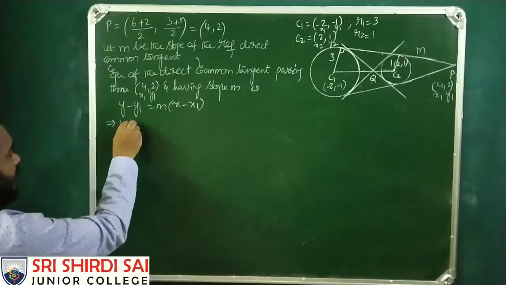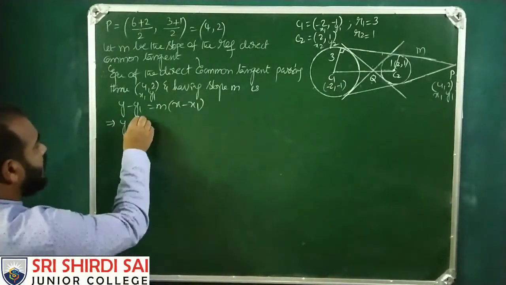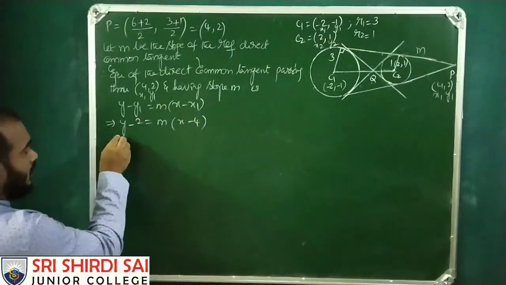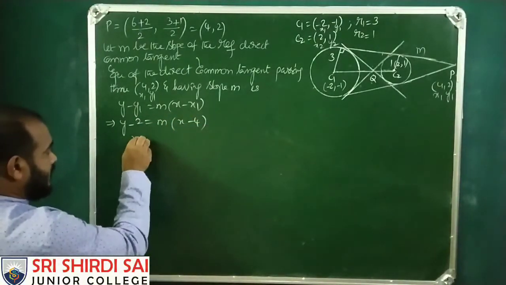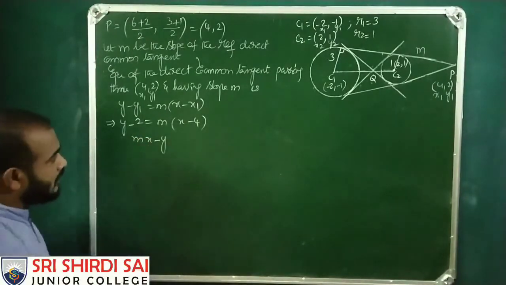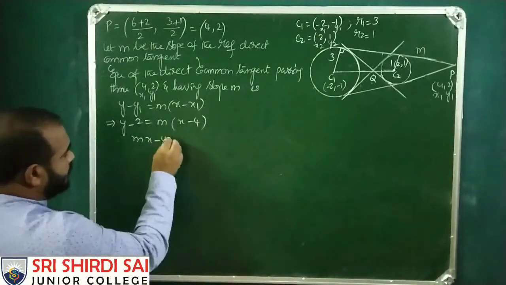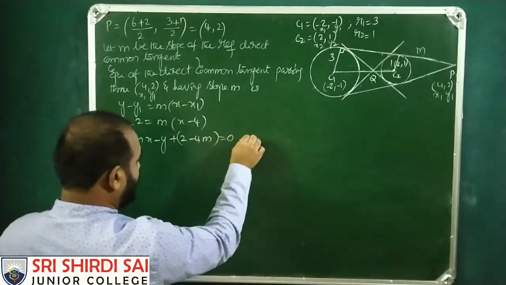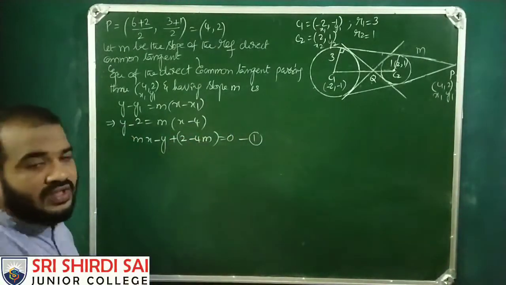So y minus 2 is M into x minus 4. Therefore Mx minus y minus 4M plus 2, so 2 minus 4M, equals 0. Let us suppose that this is equation 1.